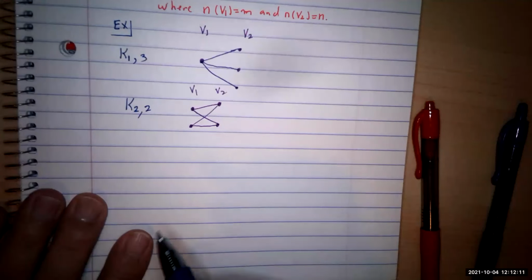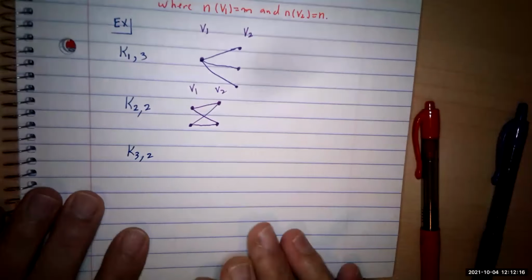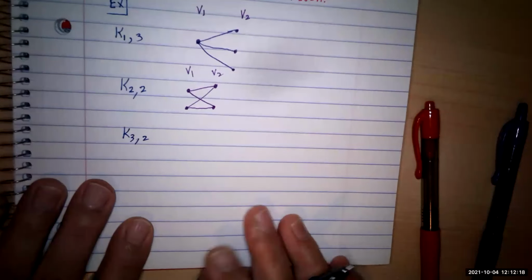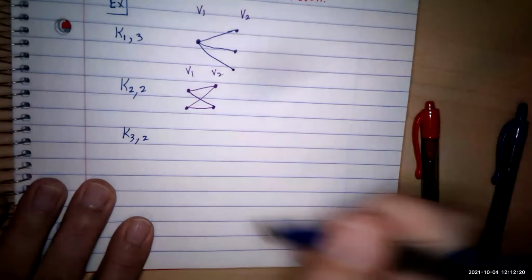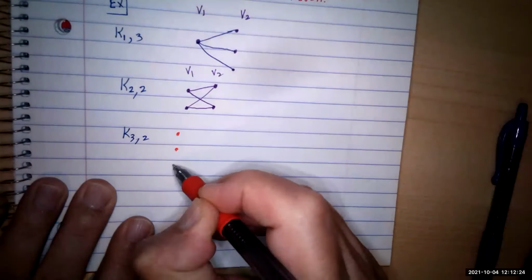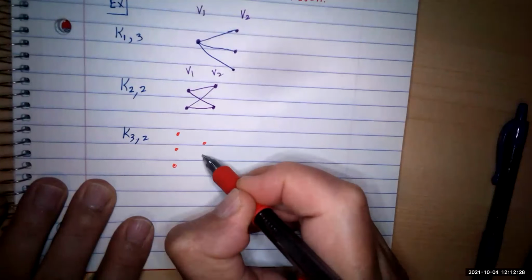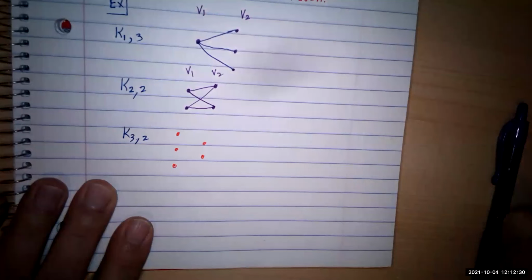We need one more to get to the famous one. K3,2. K3,2: 3 in the first one, 1, 2, 3, and 2 in the other one. Connect.